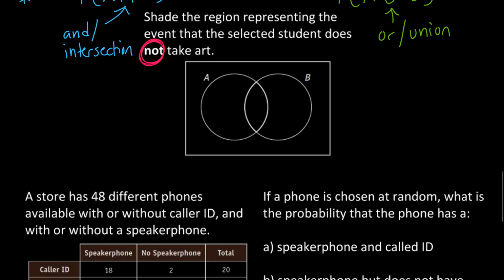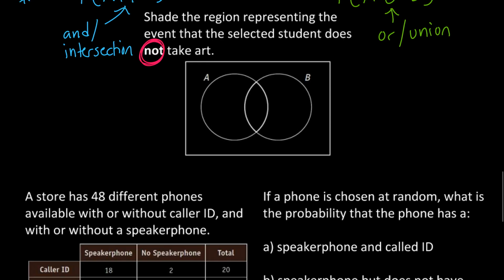The part that is not included in A, right? So just this kind of crescent shape we have going here. Now, are there students at our school that do not take basketball or art? Yeah, there are. Where do you think those students are represented in this Venn diagram? They are in the outside area.